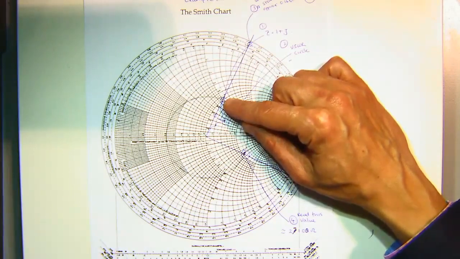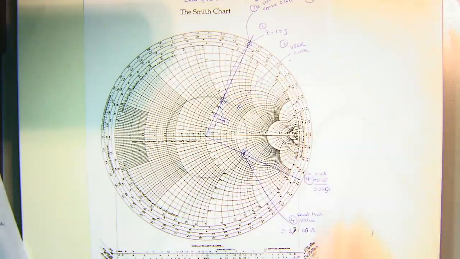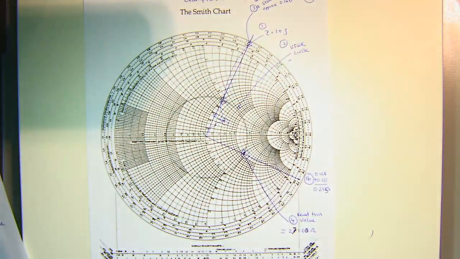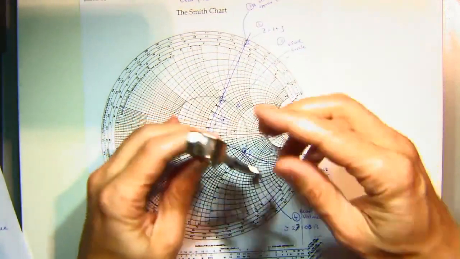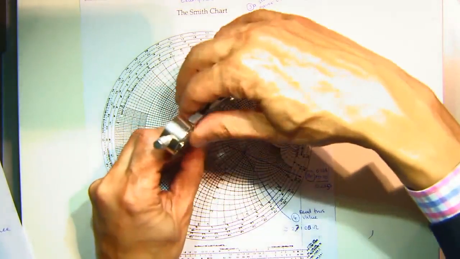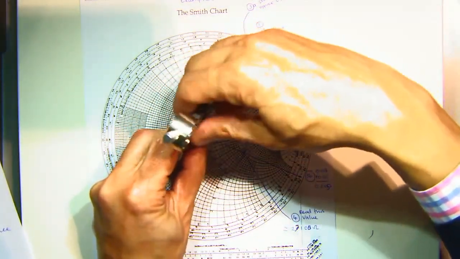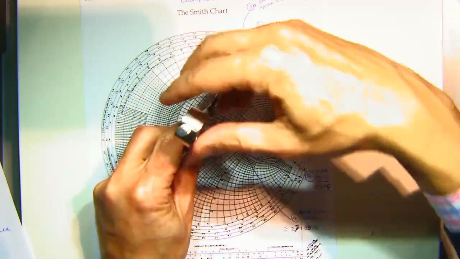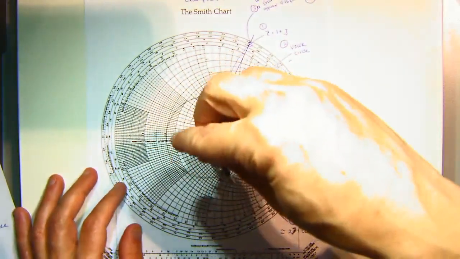Then I said to use this extremely dangerous but very useful piece of equipment, a compass, to work out your voltage standing wave ratio circle. Essentially put it at the origin and connect it up to the impedance point, and draw the voltage standing wave ratio circle.